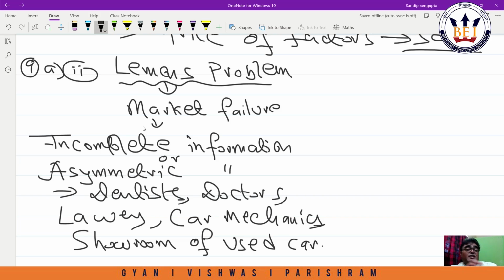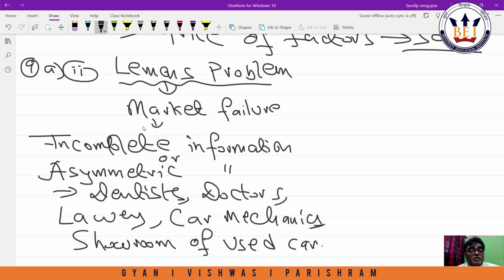How much it is, what are the parts used and all. Sir, no matter, the car which is lying beside this lemon car may have higher technical specifications, more quality product, but since the color is lemon, people are preferring that. And used car owner rips out the opportunity. What rips out the opportunity?